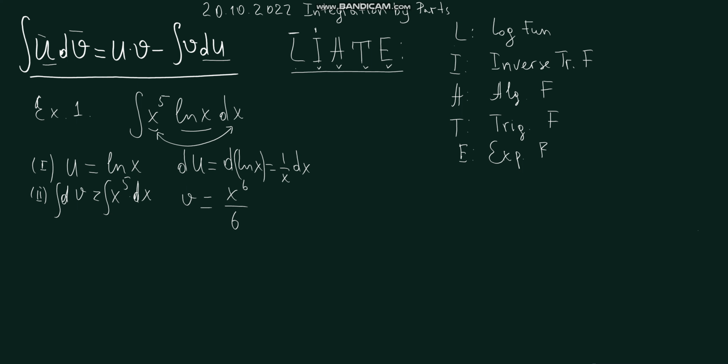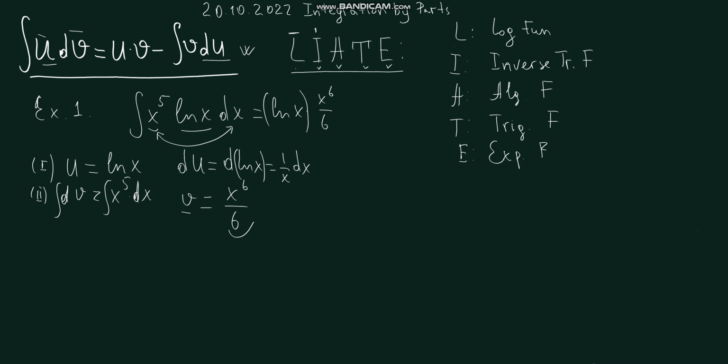Now we simply apply the main formula and put instead of u its value. So we have here ln of x multiplied by v. Instead of v, we put x to the 6th power over 6.